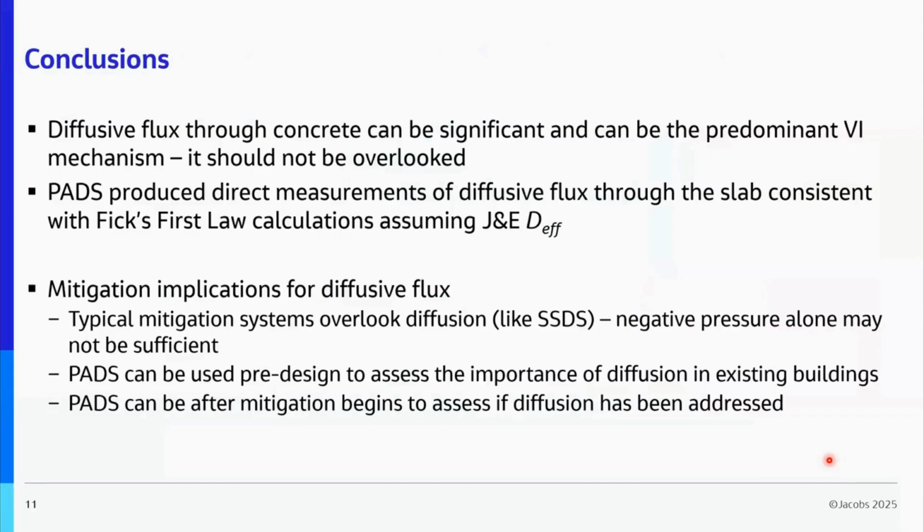And with a mitigation system, like Andrew mentioned, negative pressure may not be the only thing you need. You might need to flush out underneath the slab to break that concentration gradient. And you could use pads as a tool before and after a mitigation design to see effectiveness.